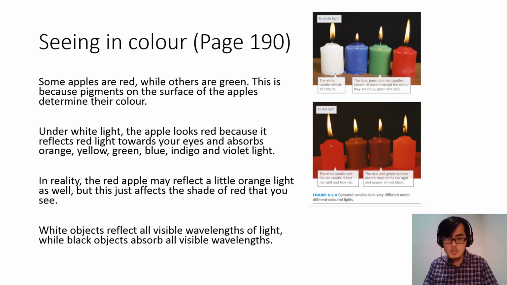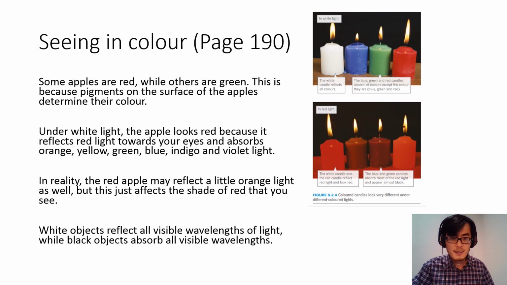If that particular object is red in color, it will reflect red light. If it's white in color, and we say that white reflects all visible wavelengths of light, it means that it will also be reflecting the red light. And in this case, the blue and the green will actually absorb the red light, and they will appear black. Okay, something for you to think about.